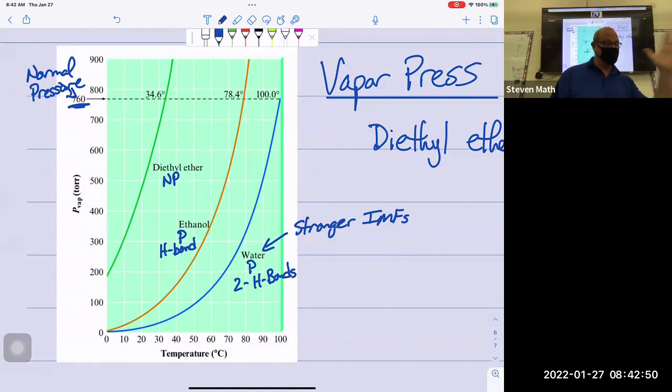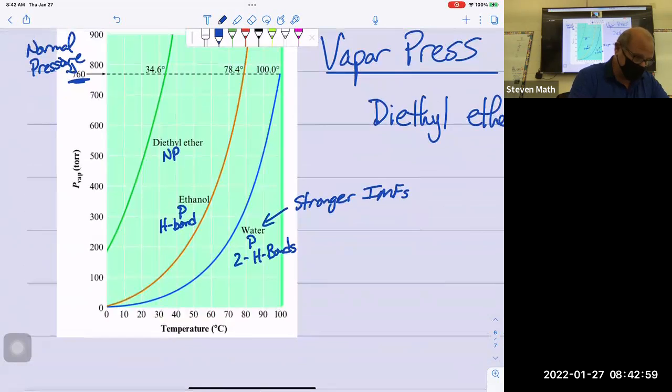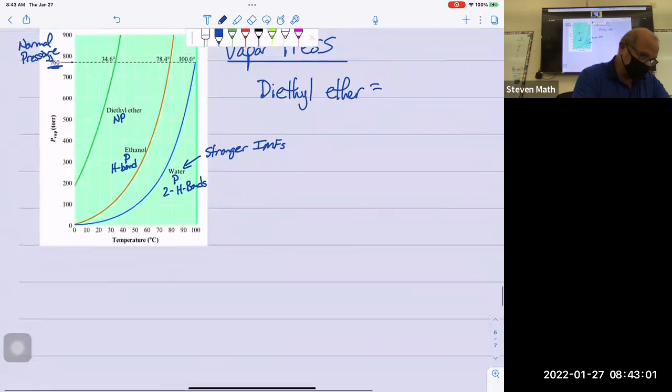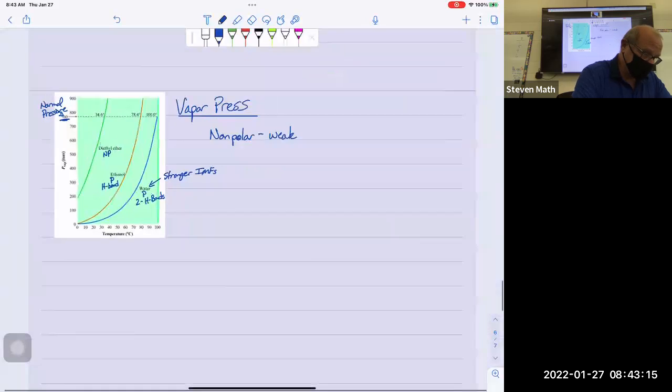So just know that your nonpolar things are going to be further to the left. Nonpolar molecules have very weak IMFs.